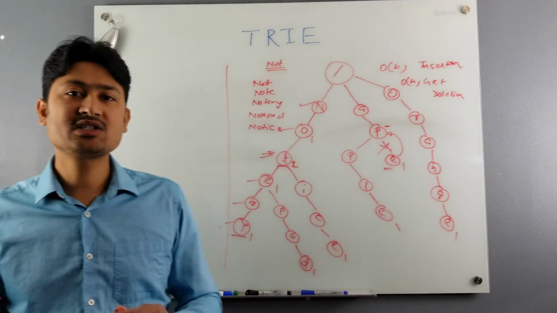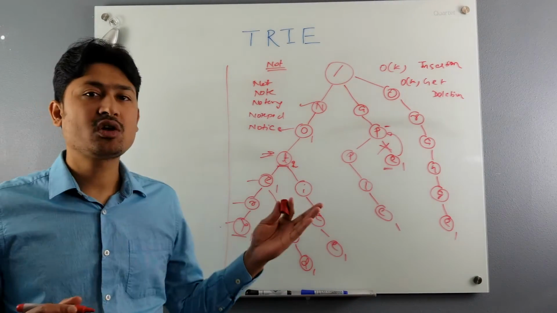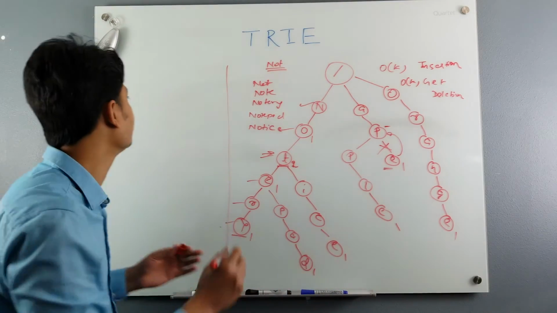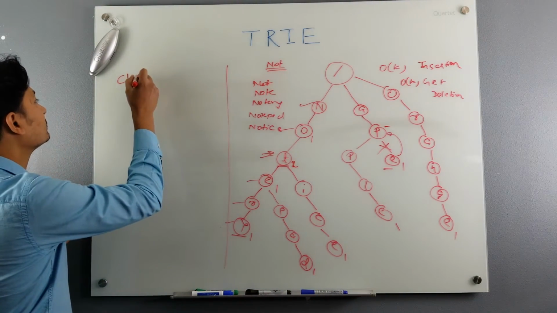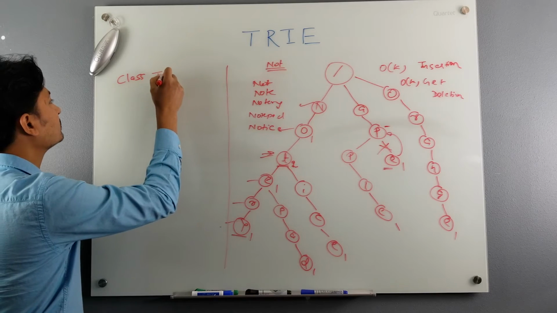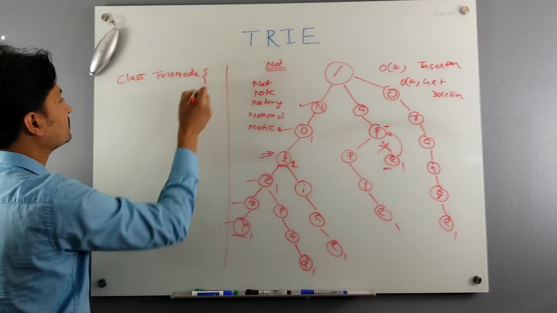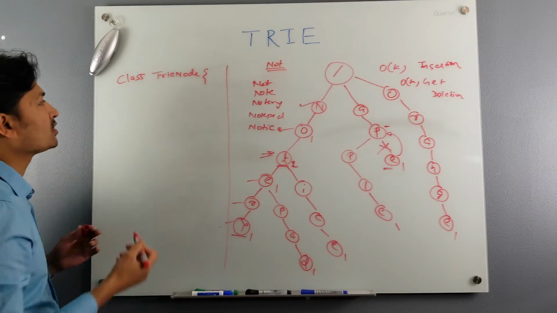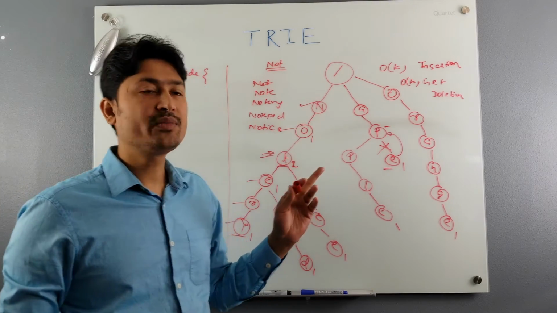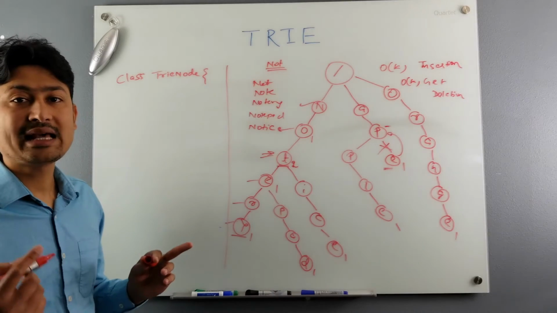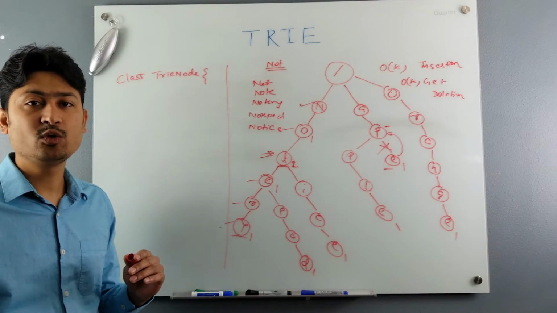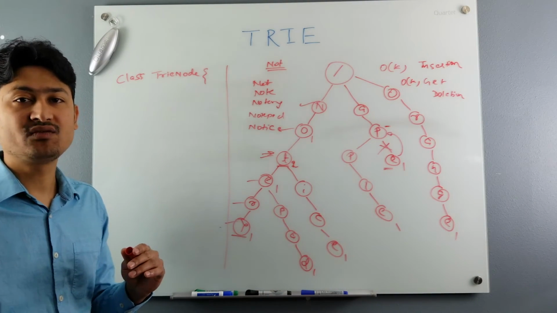Let's try to understand the node structure in the case of a trie. If you look at any node, which is a trie node, it has a property count so that we know the number of occurrences of that word.